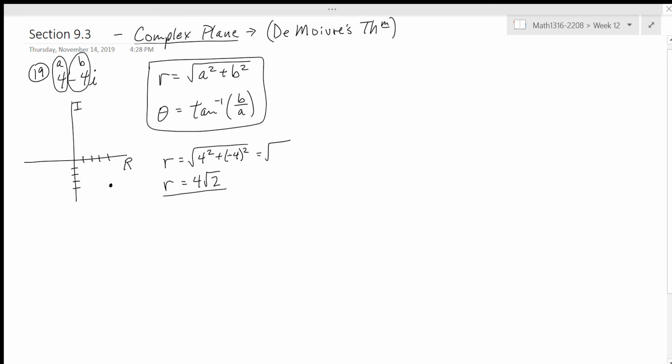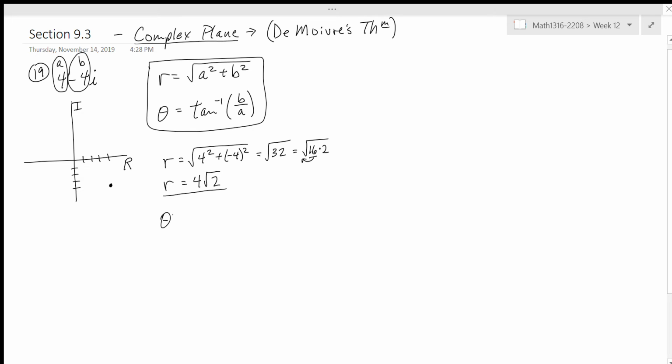But what is negative 4 squared? And 16 plus 16 is? But I can rewrite 32 as 16 times 2, and the square root of 16 is 4. So the 16 is going to get to come out. That's where the 4 out front comes from, and the 2 left over underneath.